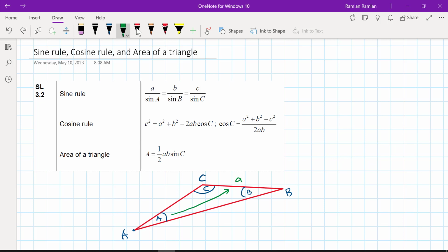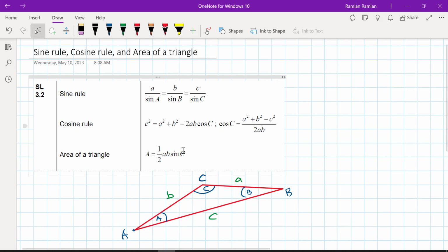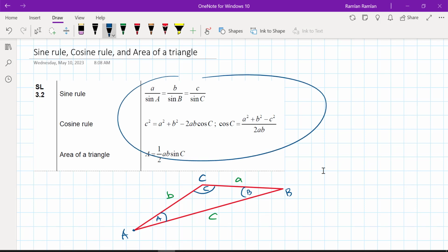This side over here is lowercase b, and this side over here is lowercase c. You need to understand how to name all of them, so you can use these three formulas to calculate, for example, the side length, the angle, or the area of the triangle.